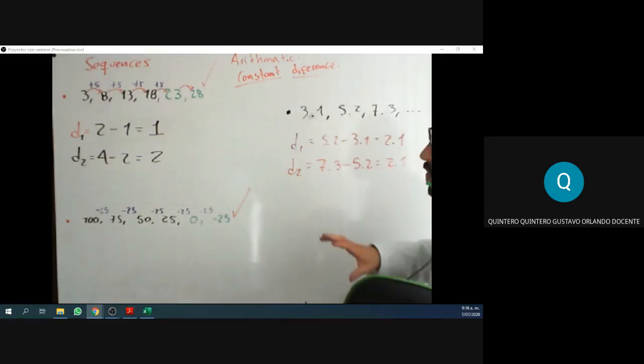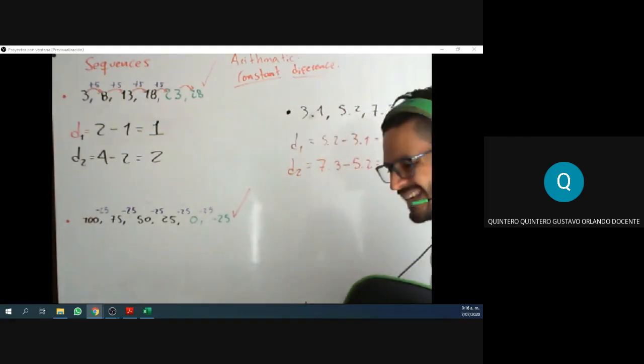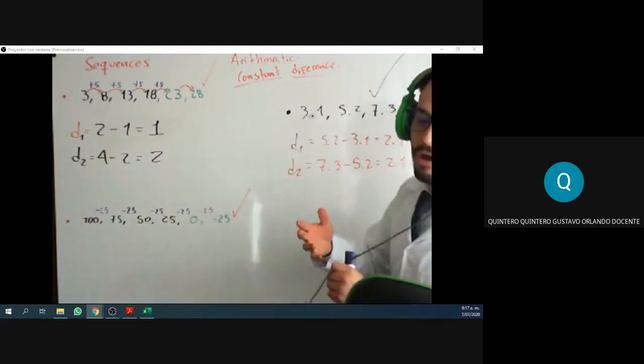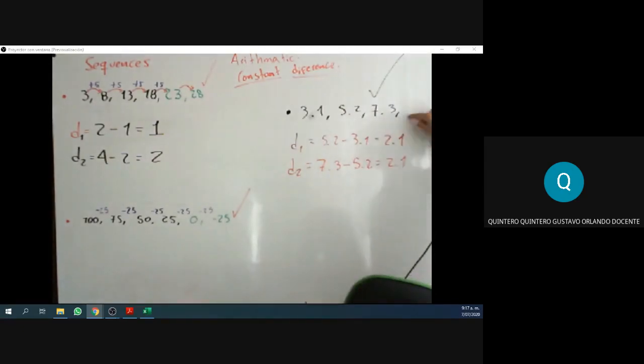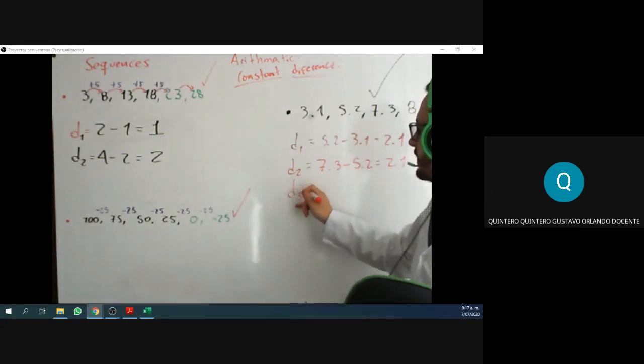So just from these three numbers, this is an arithmetic sequence because the differences are the same. Now, if I write a fourth number like this, 8, I have to find the third difference.